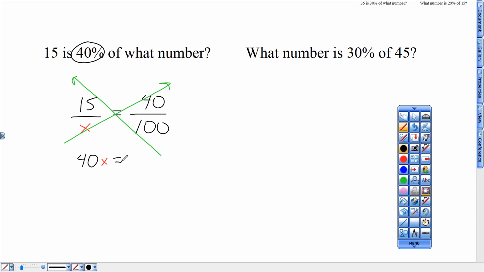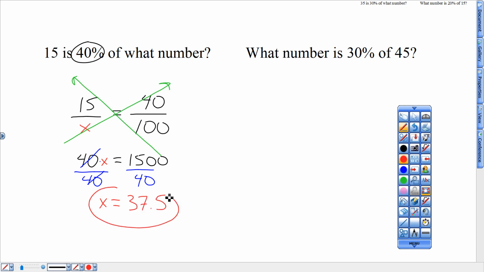That gives me 1500. Now to solve for x, the opposite of timesing by 40 is dividing both numbers by 40. And you'll see this unknown number is going to be a yucky decimal number. 1500 divided by 40 gives me 37.5. And that would have been tough to try to get just using the ratio method.